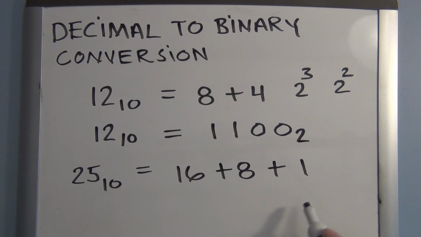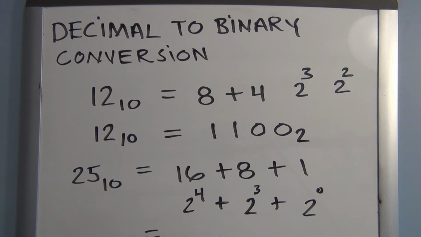So we know that 2 to the 0 is 1, and this here is 2 to the 3, and this is 2 to the 4.